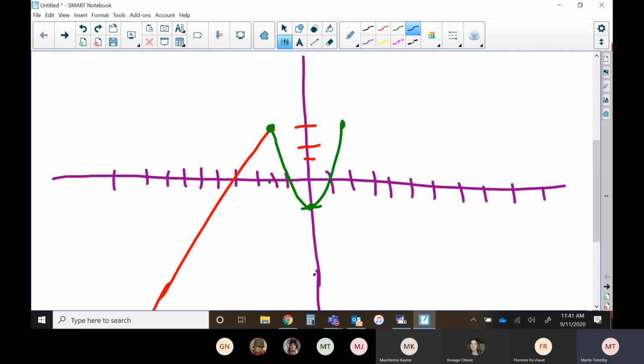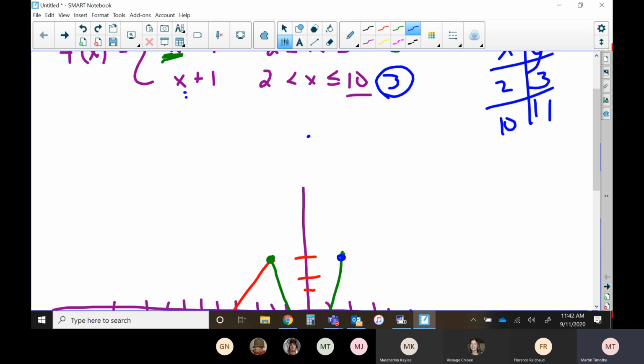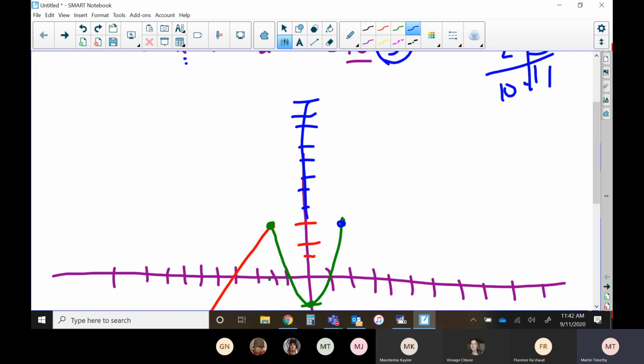So I go 2, 3. Oh, look, that's where it ended. So the other one's picking up right where the other one ended. And I'm going all the way to 10, 11. So that's 3, 4, 5, 6, 7, 8, 9, 10, 11, and 10. It looks something like that. I will see X and Y charts all over your paper.